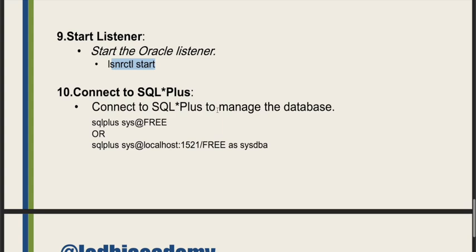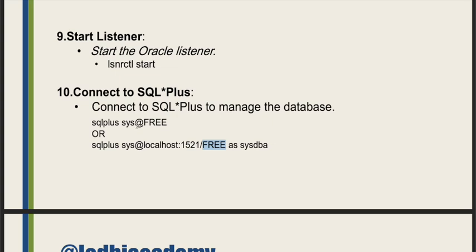Connect to SQL*Plus to manage the database. You can connect to SQL*Plus through the listener, or by mentioning the complete path, like IP or host name or localhost, whatever you have configured, and then the port and the service name.